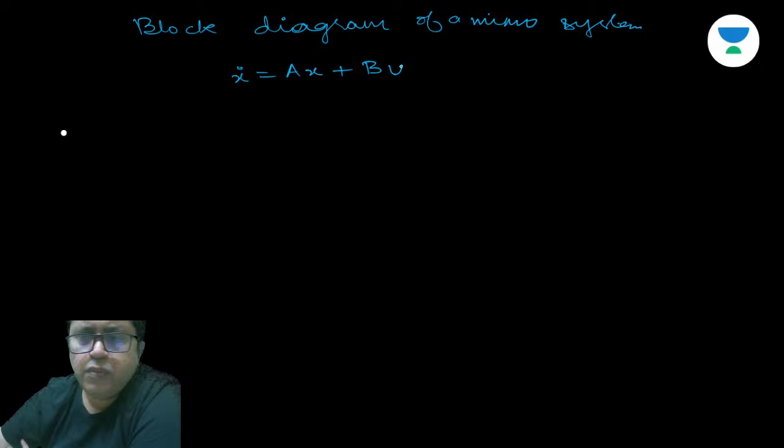Now we'll draw the block diagram of a MIMO system. So the equations are x dot equal to Ax plus Bu, y is equal to Cx plus Du. I have got input u and output y.